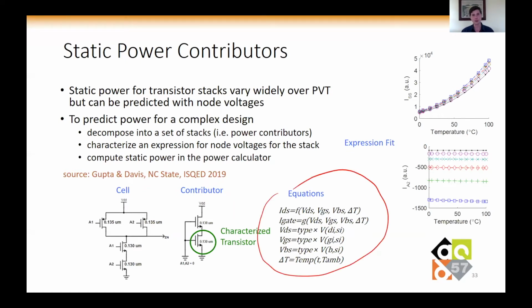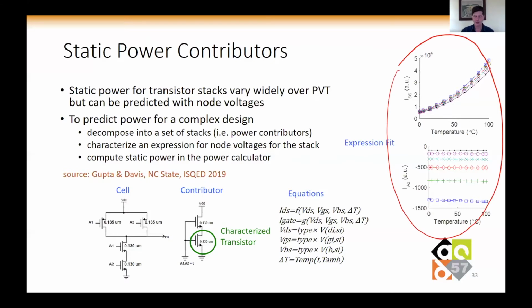And once I have those expressions, then I can use them with any process voltage temperature point that I like to predict power very accurately, as I've shown here.